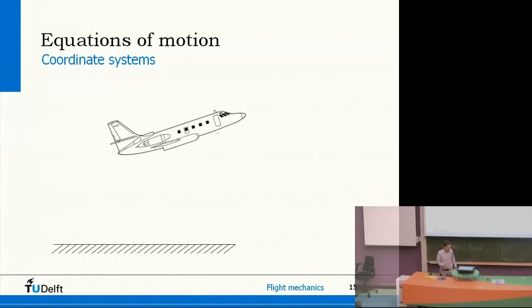So, coordinate systems, there are various coordinate systems you can actually describe. Of course, one that's really relevant and obvious is an axis system which is fixed to the Earth, like here. So basically, this is what we call the Earth axis system. Out of convention, you can choose whatever direction the x-axis is located.